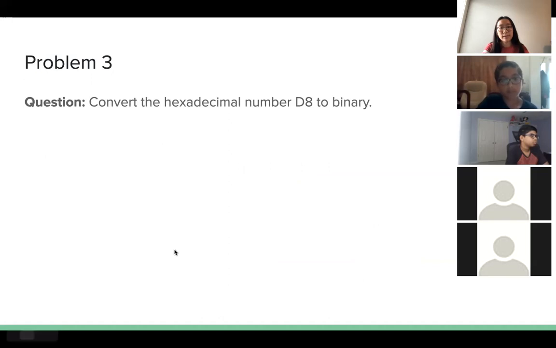Okay, problem 3. Convert the hexadecimal number D8 to binary. To convert it to binary, what you can do is convert hexadecimal into decimal and then convert decimal into binary. There's actually also another short trick to doing that, but we're going to go over that after. So unless you guys know the special trick, just do it the long way where you convert it twice.